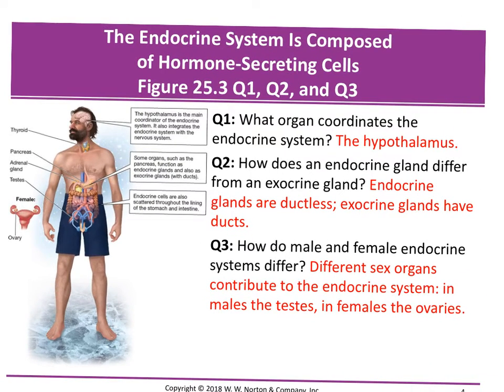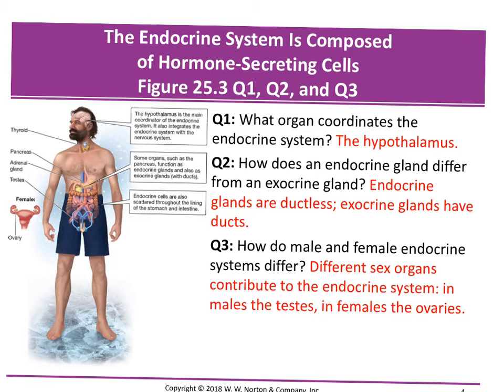What organ coordinates the endocrine system? The hypothalamus in the brain. How does an endocrine gland differ from an exocrine gland? Endocrine glands are ductless. Exocrine glands have ducts.